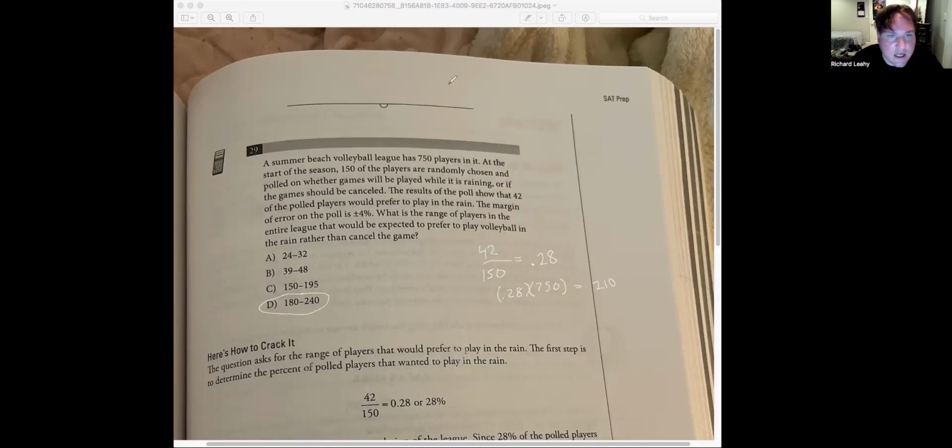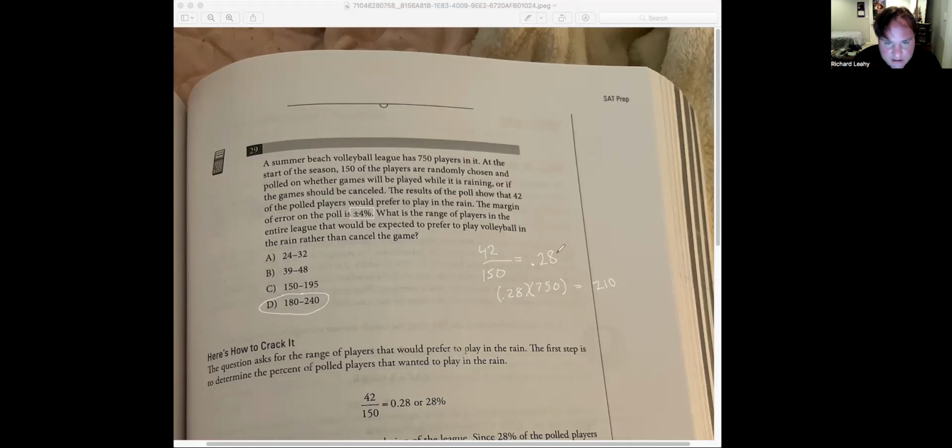So I will take this part, this plus or minus 4%. Plus or minus 4% would mean that we take the percentage that we found and add and subtract 4% from this 28.